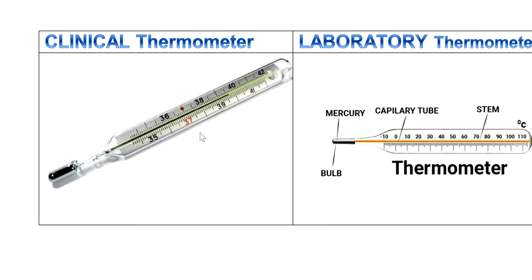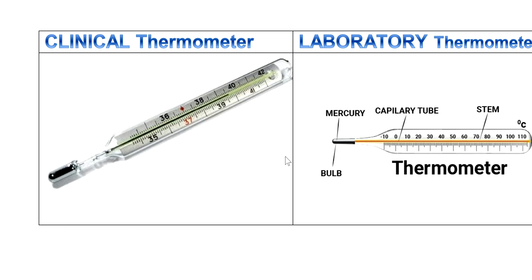It measures the temperature immediately and the doctor will do the treatment of the patient. Whereas the laboratory thermometer has a wide range but it is less sensitive. So we will sit back in the laboratory and see the temperature increasing gradually with the passage of time, but it will show the exact position after some time.